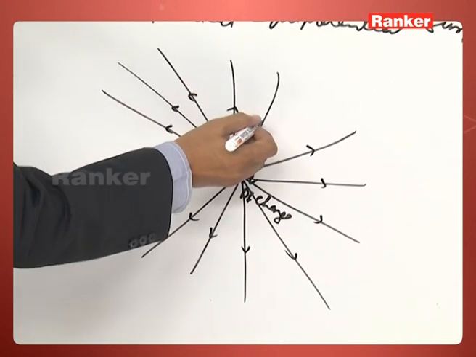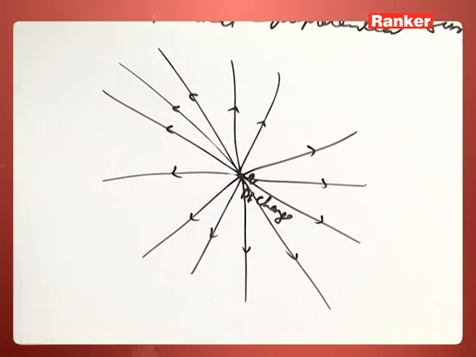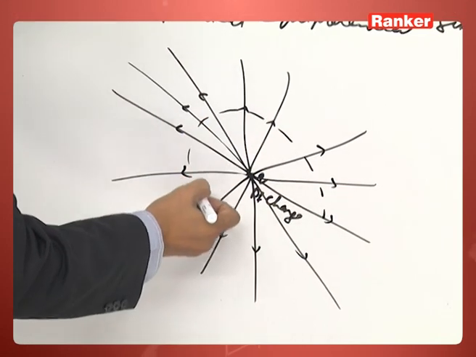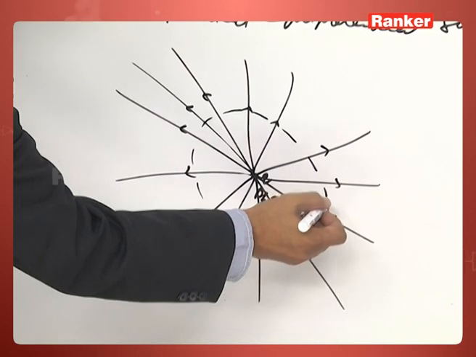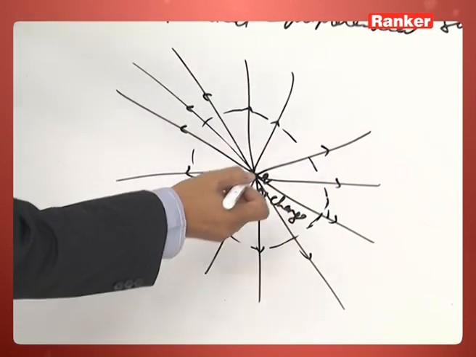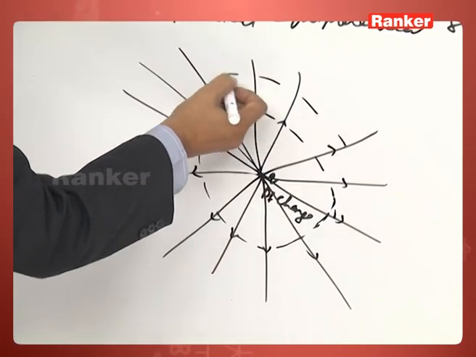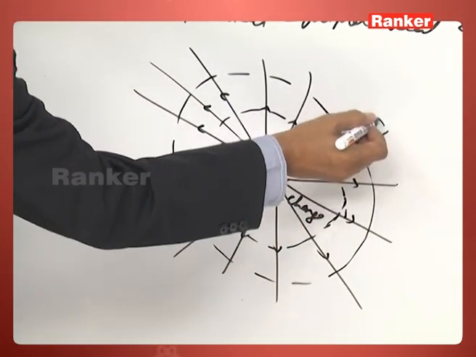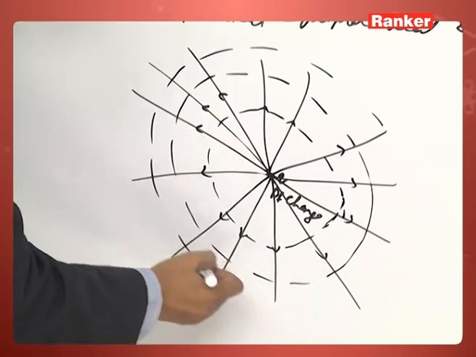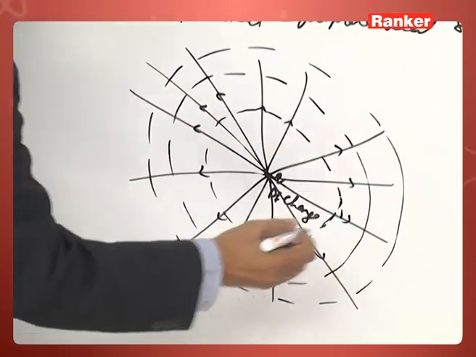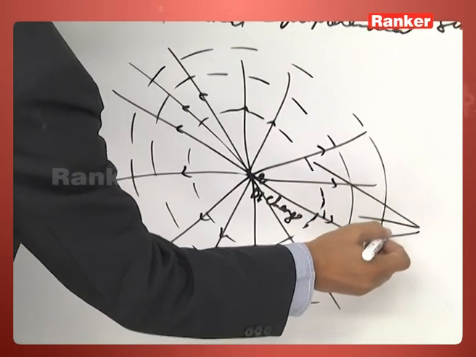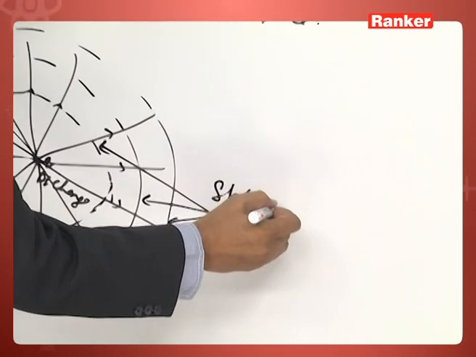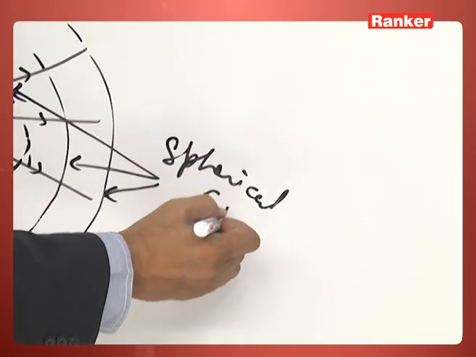So the locus of all the points which are at the same potential. If we take points which are equidistant from the point charge, we will have spherical equipotential surfaces. So these are spherical EPS.